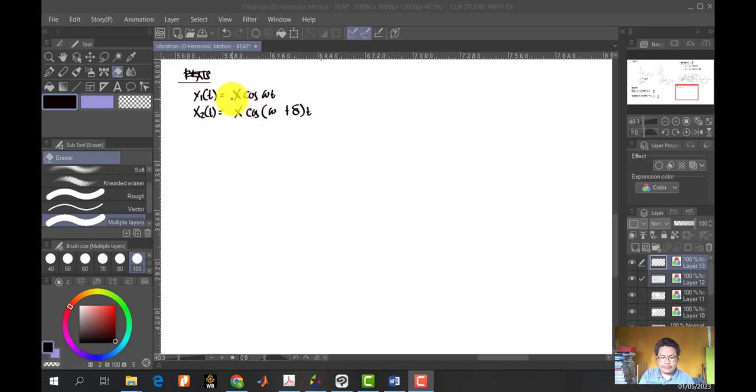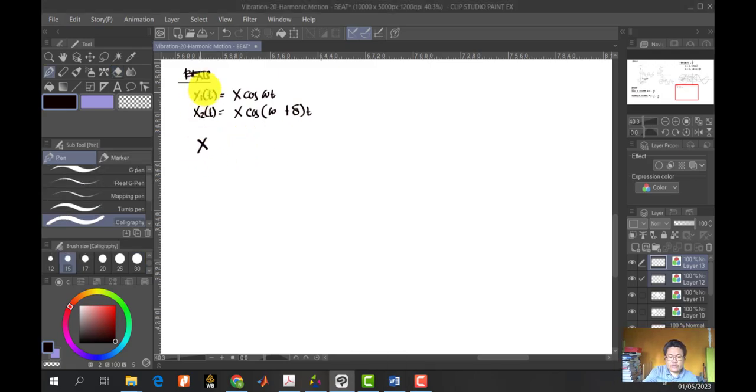Now, where lambda is a small quantity of addition. So I can say that my x, which is a function of time, is equal to x1 as a function of time plus x2 as a function of time.